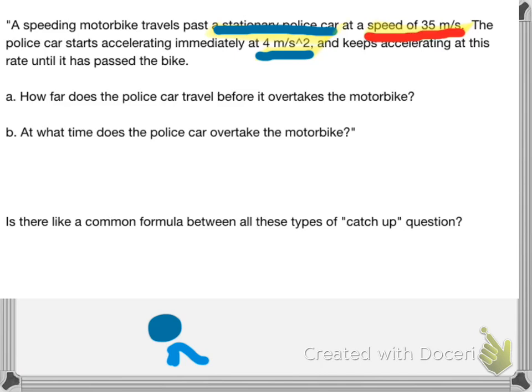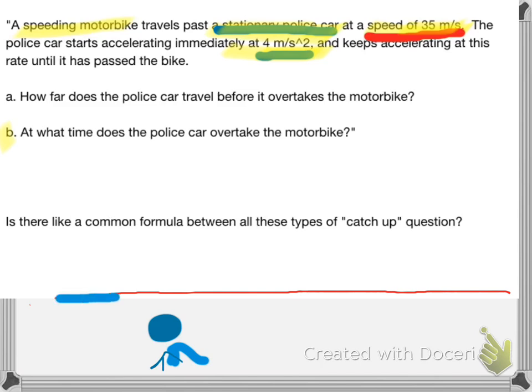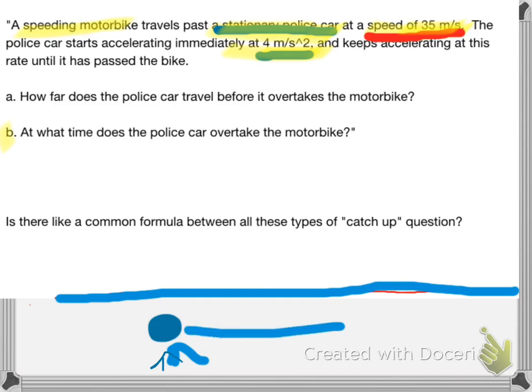So here comes the speeding motorcycle. As it goes past, at the same time the police car is speeding up and trying to get there as well. And there's going to be a point where they will meet.